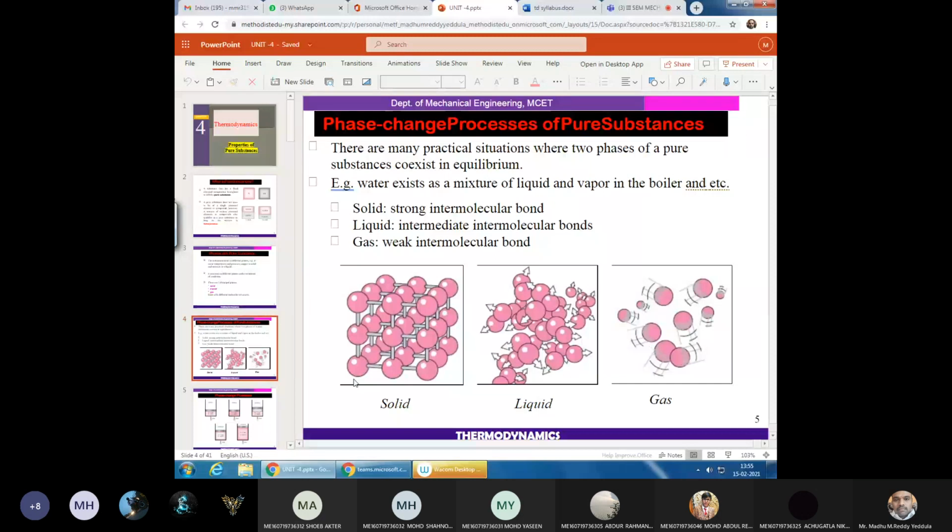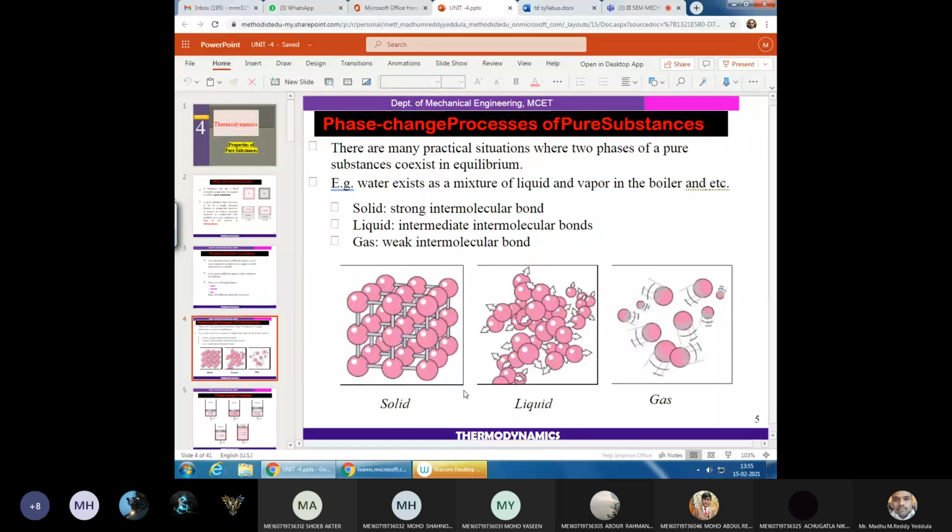Let us say if you take three substances on a table, the solid remains in that position, whereas liquid tends to flow, depending on gravity or slope, whereas gas will easily escape to the atmosphere. So here the strong intermolecular force of attraction will be there, here it will be less, here it will be weak. These are the differences between solid, liquid, and gases.